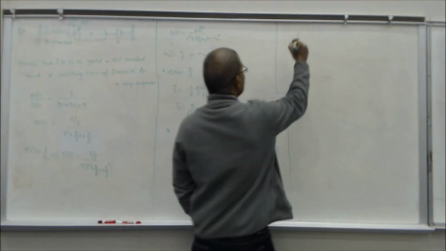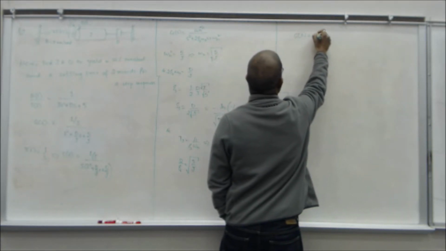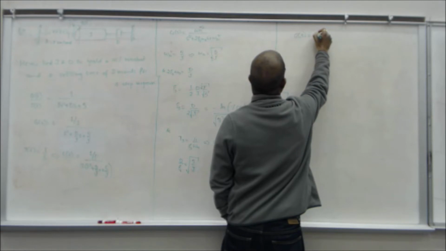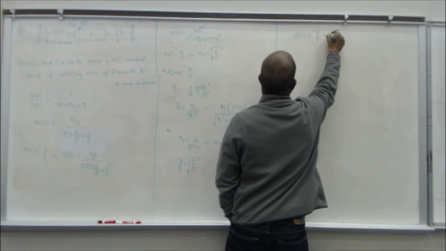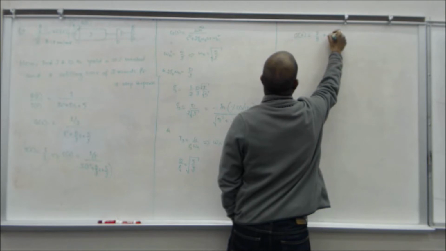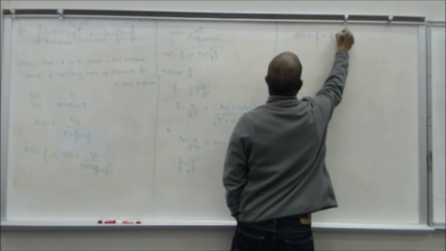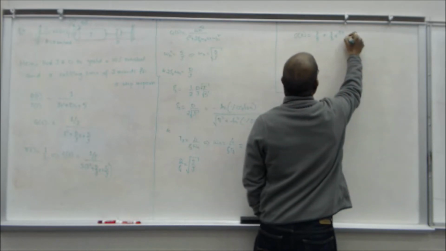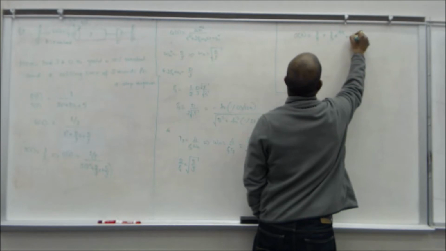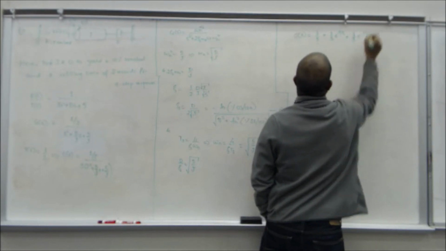So we looked at this, right? Your response could be something like this, the time domain response. We said this plus 2 e to the power of minus 5t, plus 3 over 5 e to the power of minus 6t.